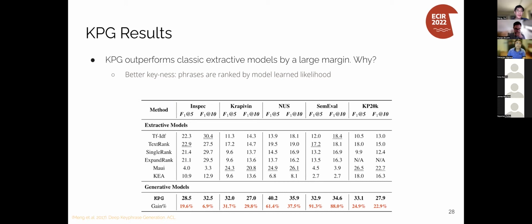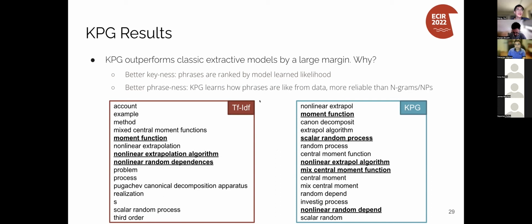I think one reason is that the model learned how to rank the predicted phrases by the likelihood, which is directly learned from the data, instead of relying on human-crafted rules or features. And another reason is the better phraseness. The generation models learn a better idea about the morphology of the phrases.